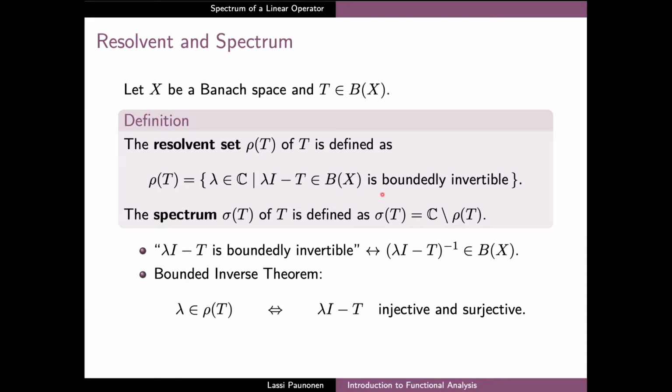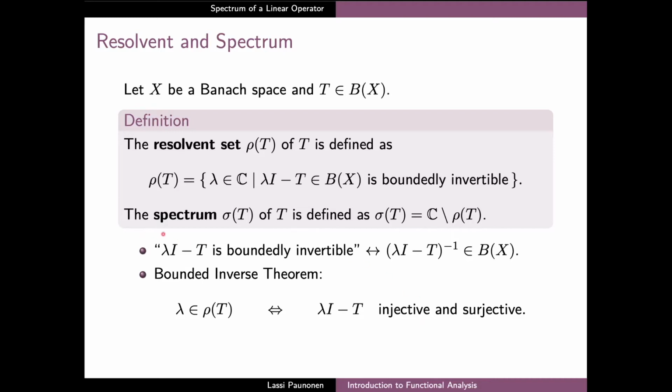And by this we mean that the inverse is defined as the mapping from the whole space X, and the inverse is bounded. By the bounded inverse theorem, this property is equivalent with the operator lambda I minus T being both injective and surjective.